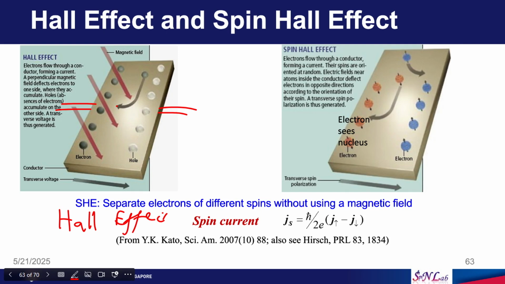Okay. So, when we talk about spin Hall effect, we do not need to apply any magnetic field, but because of the spin orbit coupling, there is already the S dot B interaction. Because of that, one type of electron, say for example, spin down electron goes to this side, spin up electron goes to the other side.